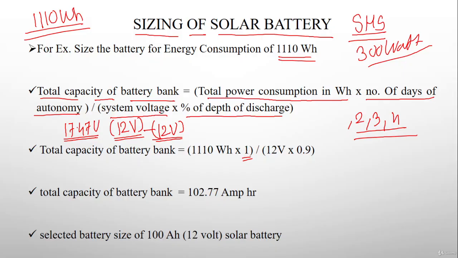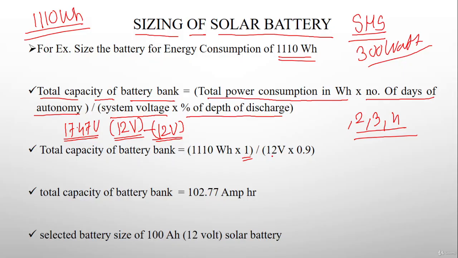The battery will be charged by the 12 volt solar charge controller, and the battery we use is also a 12 volt battery. The voltage we feed to the charge controller is also close to 12 volt. That is why we take the battery bank voltage as the system voltage.